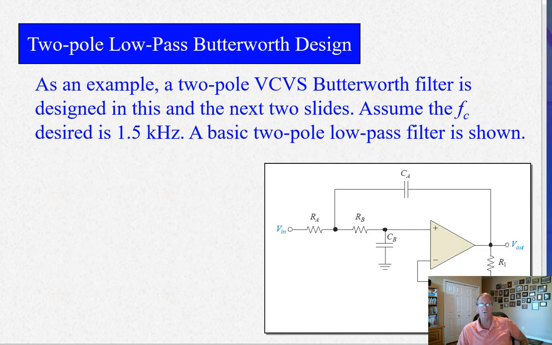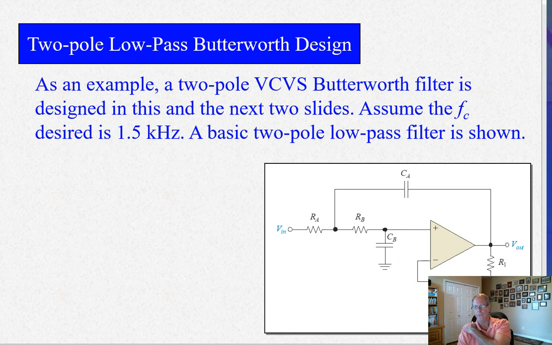So let's take a look at the circuit. Here's the circuit. We have two capacitors in this circuit. We're going to do this as a Butterworth filter, and FC desired is going to be 1.5 kilohertz. And this is a basic two-pole low-pass filter.